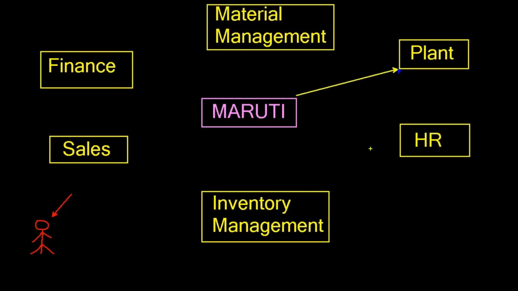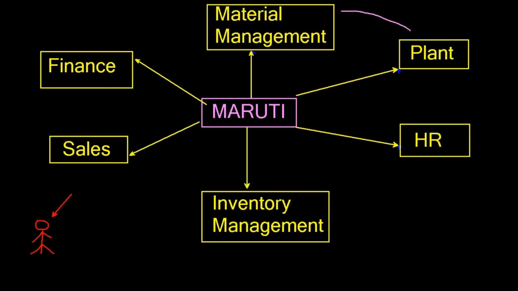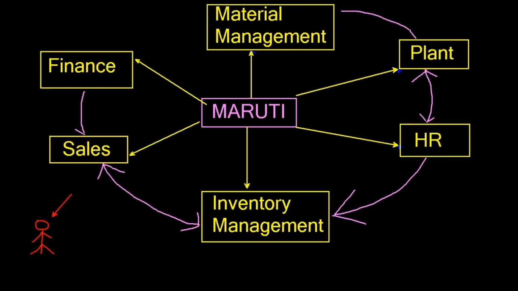They need to be connected in the organization, and all the departments interact with each other: sales department to inventory management department to HR department to plant department. So all the departments should interact with each other. Then only is the product released for the customer.